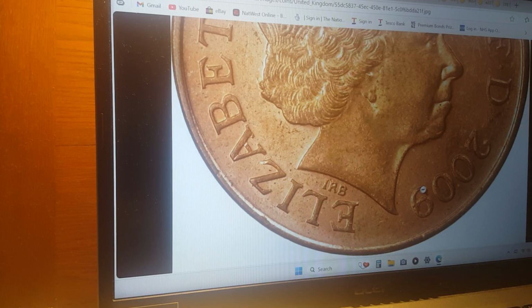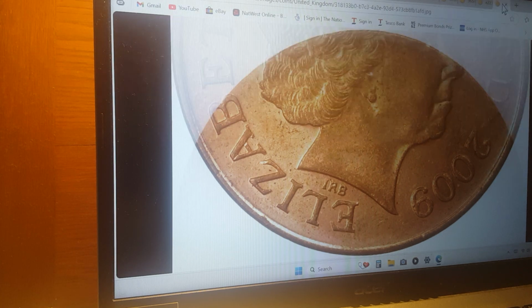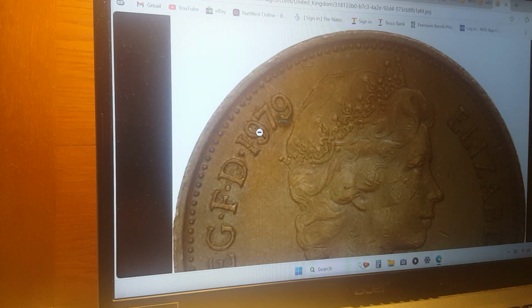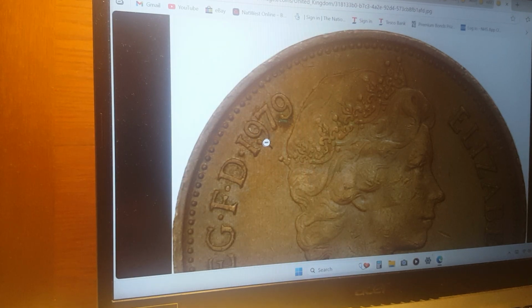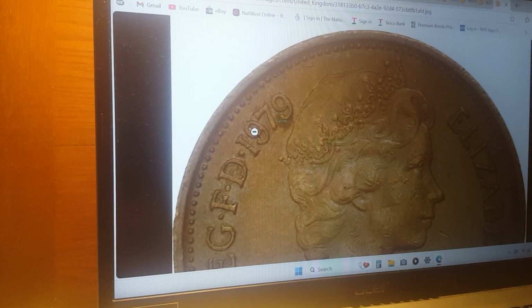If you look at those, two 9s on that coin, and this, one of them is exactly the same, and it's that one. It's this one.